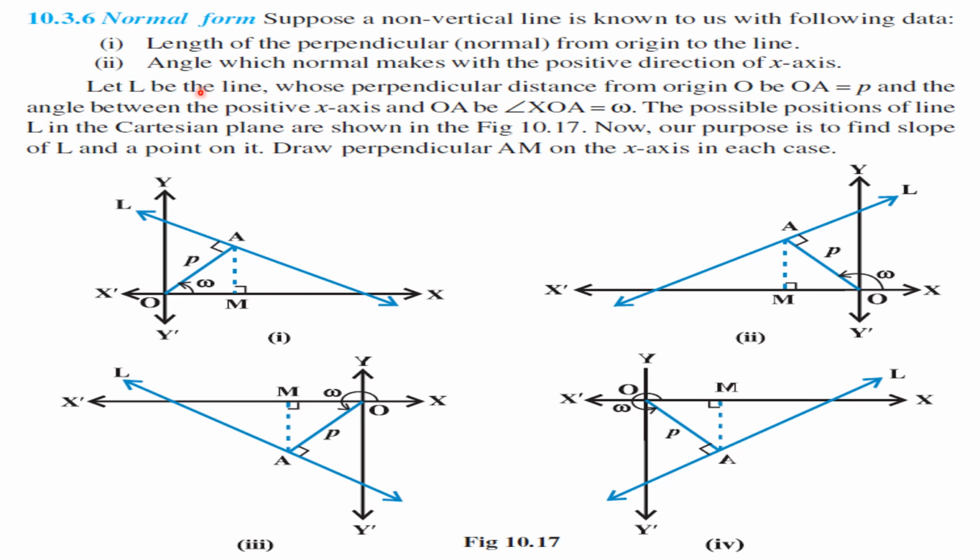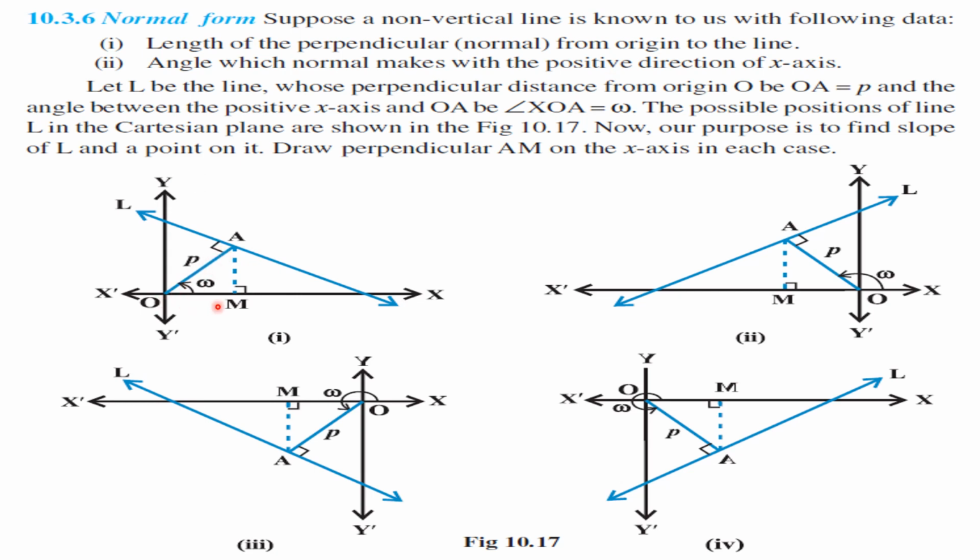This is given, and the angle which the normal makes with the positive direction of x-axis. These 2 points are given. In this case, how to write the equation of the line? A non-vertical line is given and its normal. Normal means the line perpendicular to the given line from the origin.